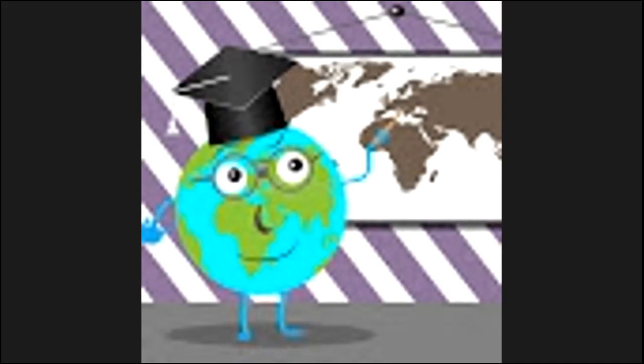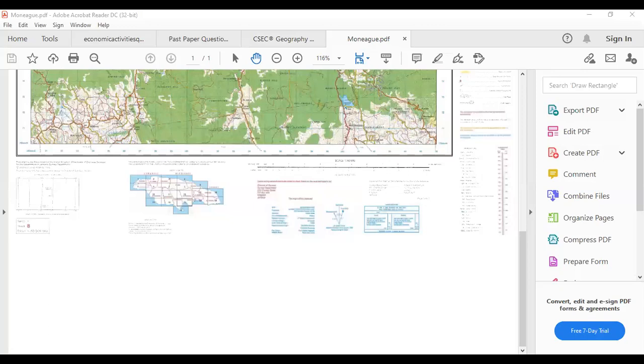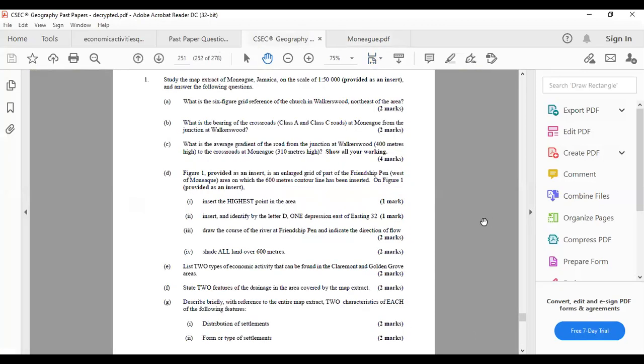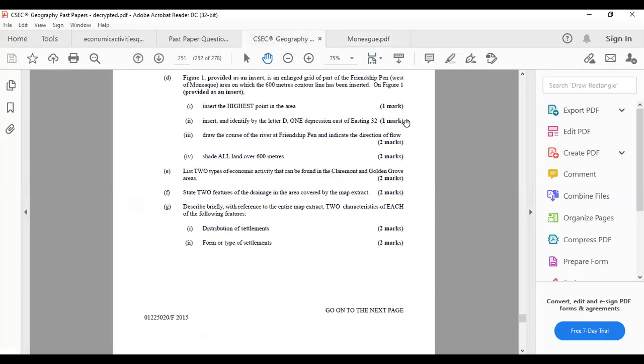Next part of the question. All right, let's go back to the question now. What is considered a steep gradient? What is the height of a hill? What is considered a mountain? Distances over what? 600 meters.